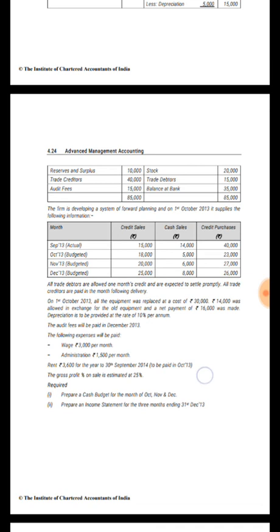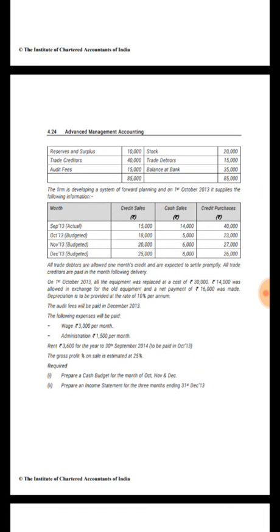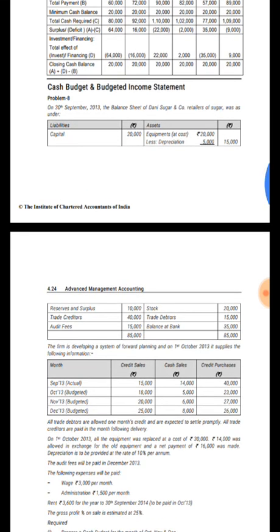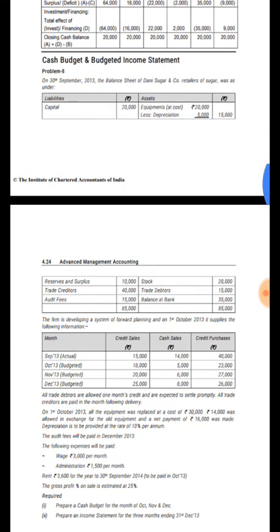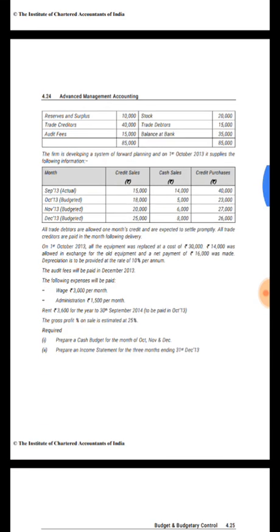Then on 1st October 2013, all the equipment was replaced at a cost of 30,000. Okay. What we have done, we have purchased a new equipment. This equipment is there, no? This equipment whose WDV is 15,000 now. Okay, we have purchased a new equipment costing 30,000 and 14,000 was allowed in exchange for the old equipment.